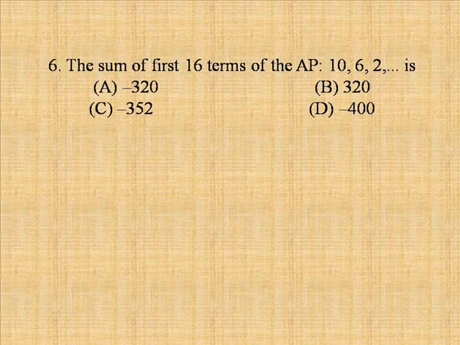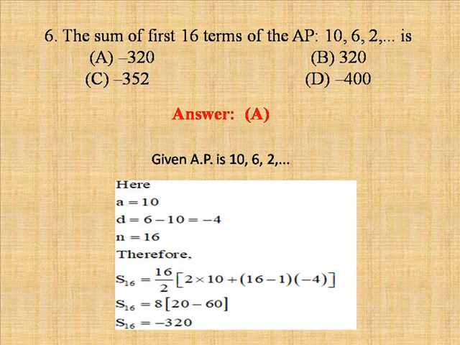Question number 6. The sum of first 16 terms of the AP 10, 6, 2, ... is, you have the 4 options. So let's see the answer. Answer is option A. Why is it? You can see given AP is 10, 6, 2, and so on.